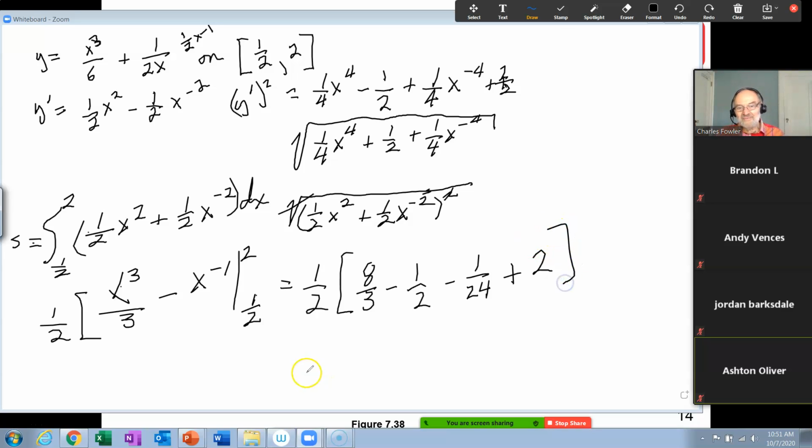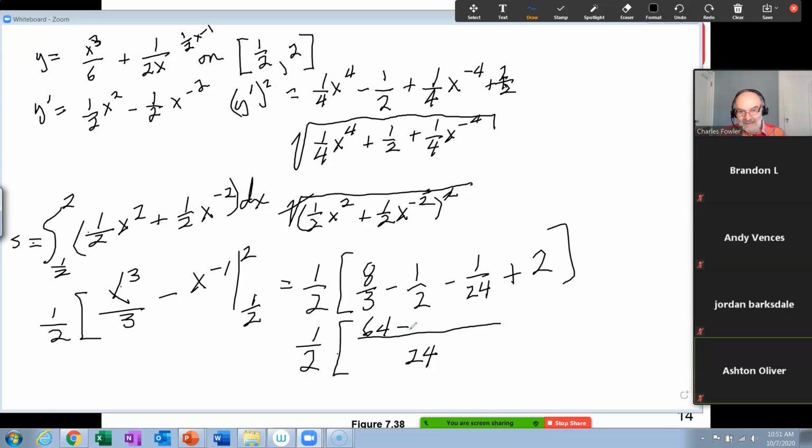Now the rest of it is math. Messy math, but still math. So let me pull my 1/2 out, keep it out there where I want it. And then here we're going to have least common denominator, and that looks to be 24, right? Well, 3 will go into 24 8 times, 8 times 8 is 64.